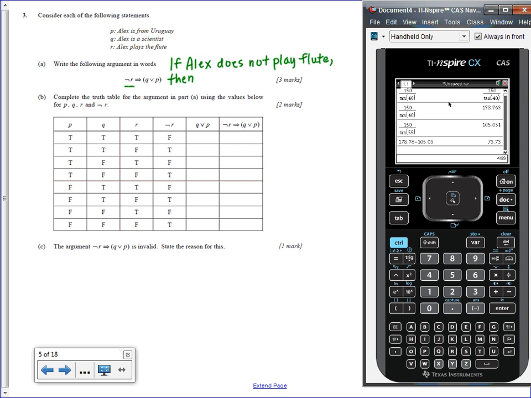So we want to say if Alex does not play the flute, then either Alex is a scientist or is from Uruguay.